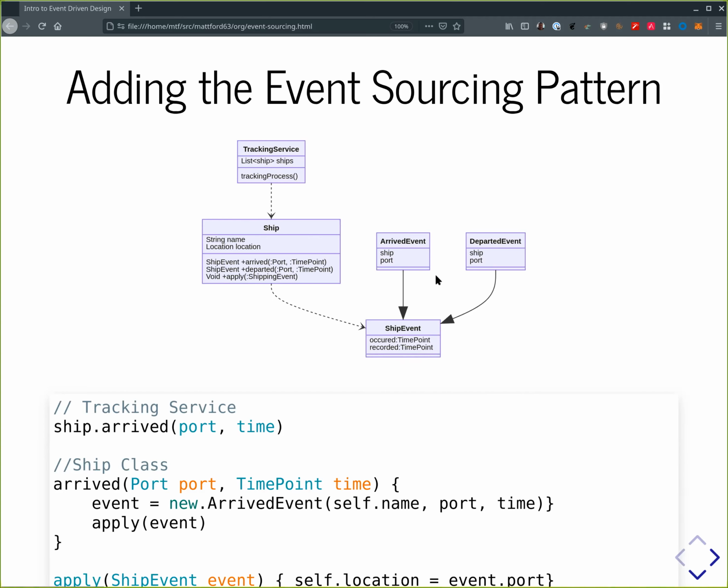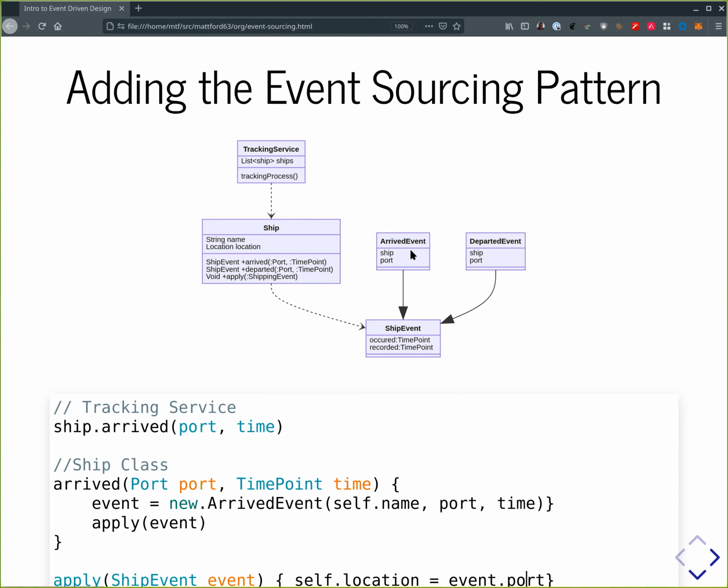And then we use this event to actually set the state. In this case, it's using the event's port to set the location in the shipping object. So all it's done is introduce one layer of indirection. The ship update is still an in-place operation. This object still just has location as port, but now we have a whole ton of other objects.